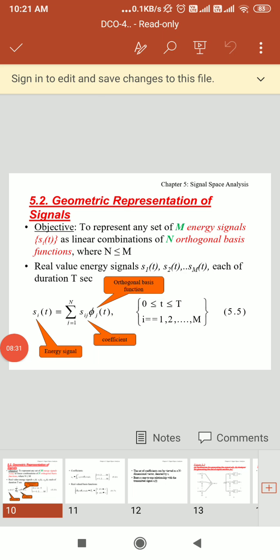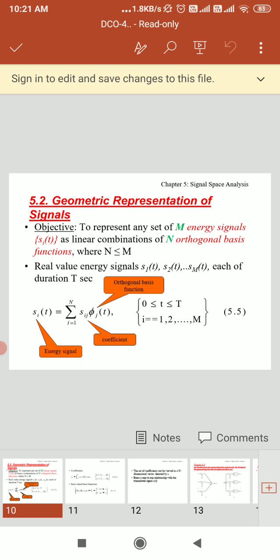So you can see here, when we saw the geometric representation of signals, at that time also what were we writing? We were writing the energy signal equal to summation j equal to 1 to n scalar coefficient into the orthogonal basis function.